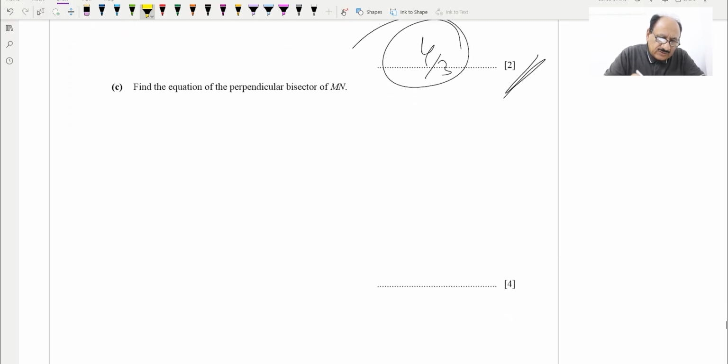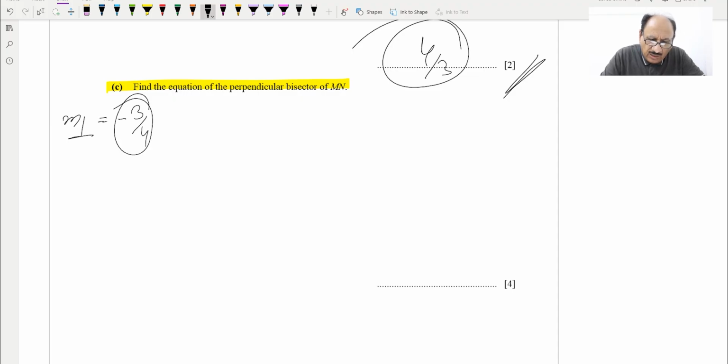Next is find the equation of the perpendicular bisector of MN. So for the perpendicular bisector, the gradient of the perpendicular will be the reciprocal and change sign of 4 by 3, which is minus 3 by 4. This will be our gradient. And for the perpendicular bisector, we will be taking a midpoint.